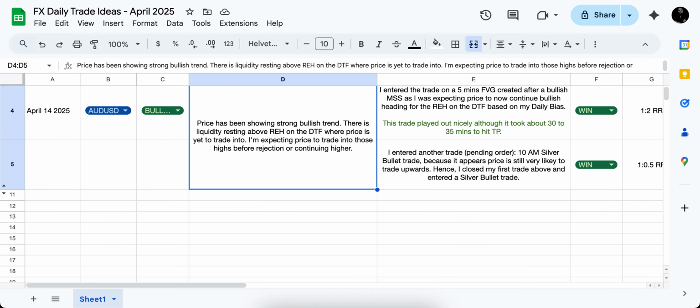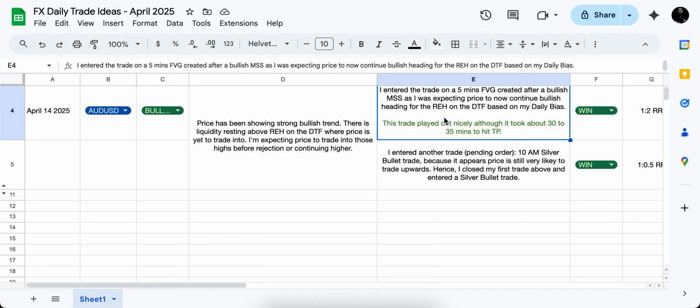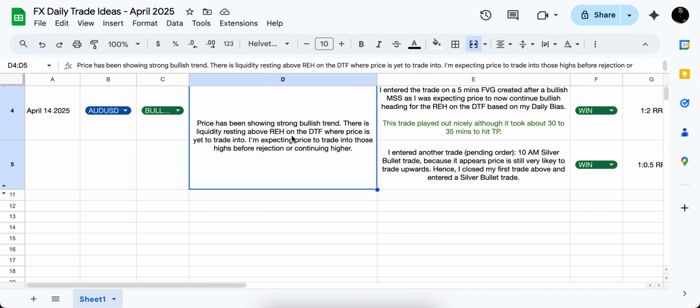Again, another confirmation of a strong bullish trend. Now I'm expecting price to trade into those highs before rejection or continuing higher. Price will determine what to do. This is my trade idea for the day, based on the daily bias.